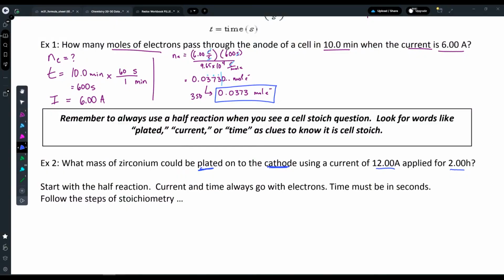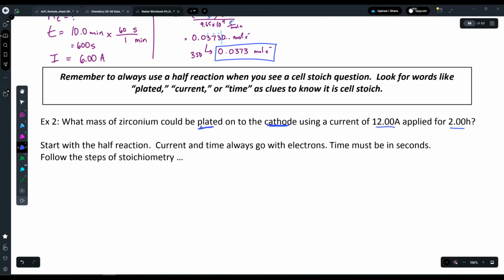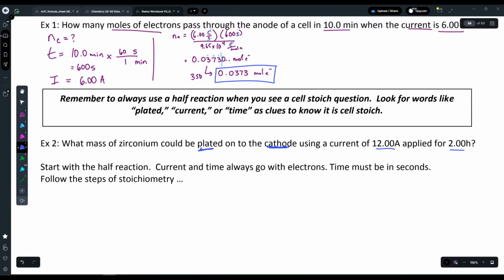So it's going to be a reduction reaction because red cat gets fat. Reduction happens at the cathode. So we're going to start with a half reaction, and just note that current and time always belong to the electrons. Time must always be in seconds, and then you're just following the steps of stoichiometry.